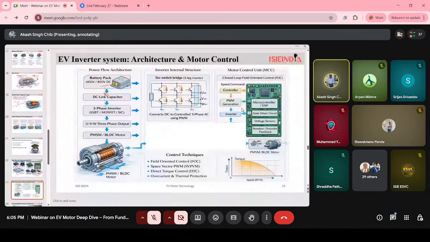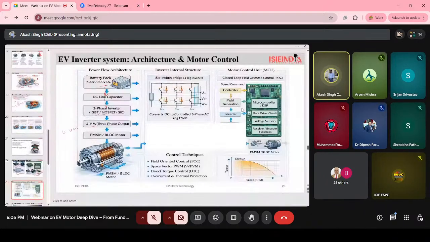Then from the DC link capacitor to the three-phase inverter, which is made up of MOSFETs or IGBTs. IGBT is insulated gate bipolar transistor, and it works like the MOSFET; some inverters have MOSFETs. Then comes the UVW three phases.